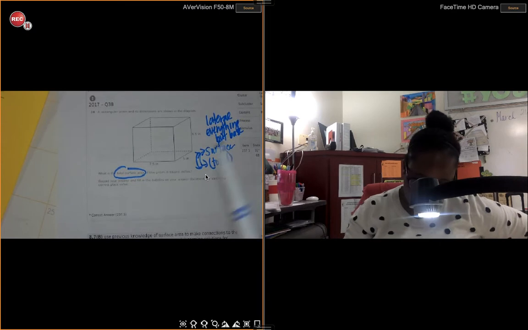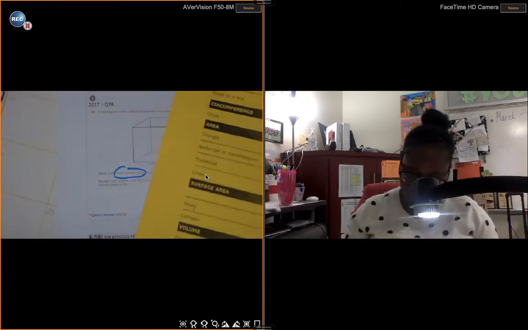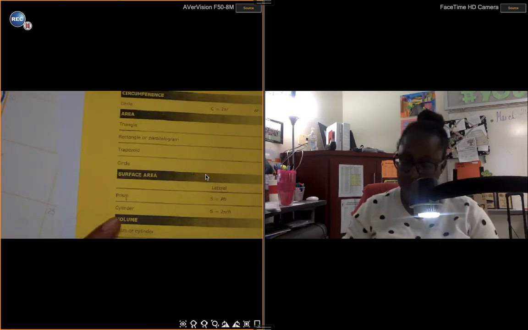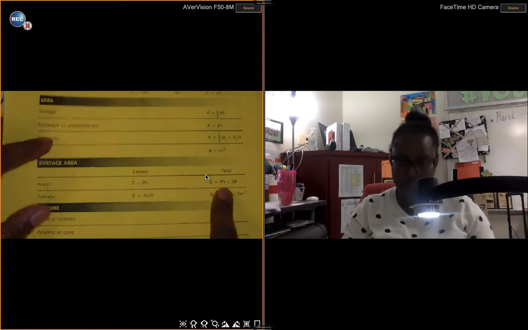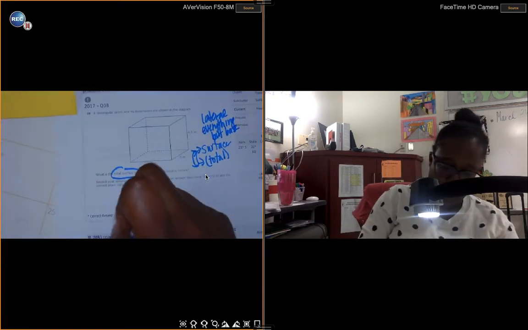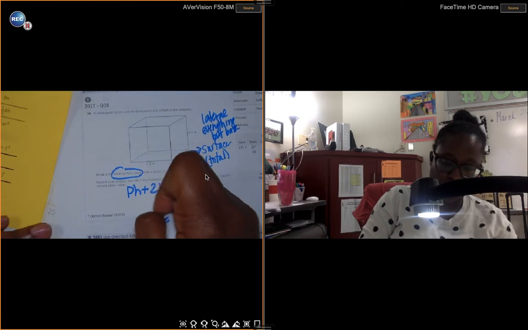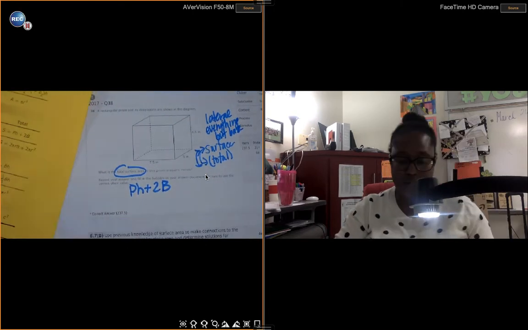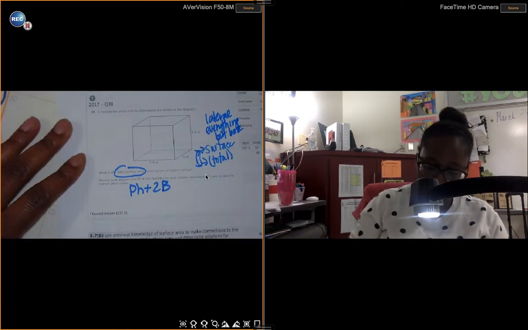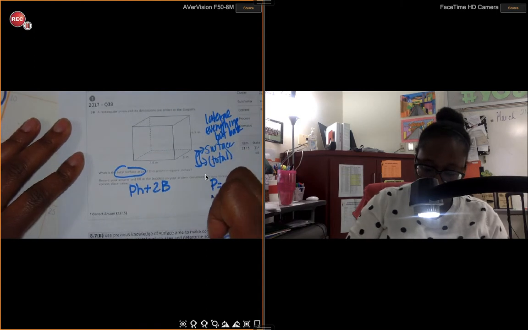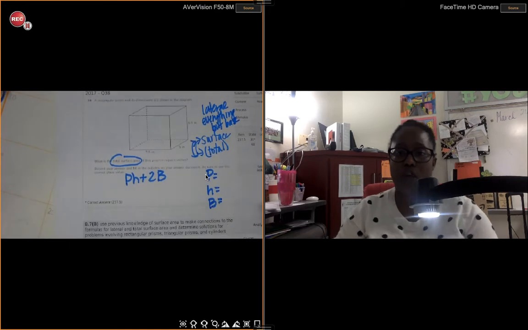Okay, so on this one, we're finding the total surface area of a prism. This is the formula we're going to use, Ph plus 2B. To make it very easy on you, all you need to do is find the perimeter, the height, and the big B. You need to make sure you know what those letters mean.